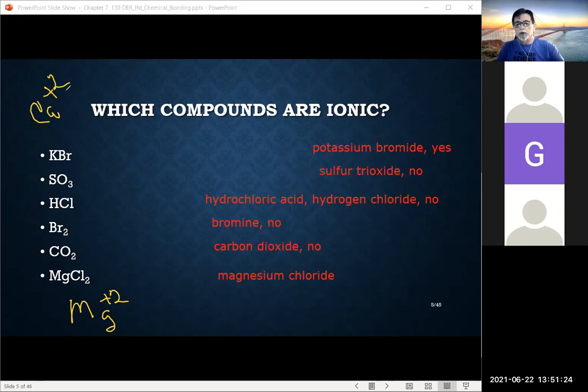Calcium and magnesium have two valence electrons. The difference is for magnesium, those two valence electrons are in the 3rd energy level. For calcium, those two electrons are in the 4th energy level, just a bigger shell, okay? Calcium is a bigger element.